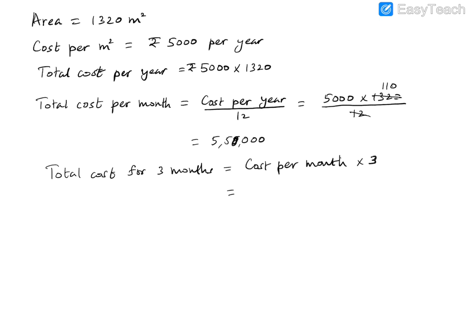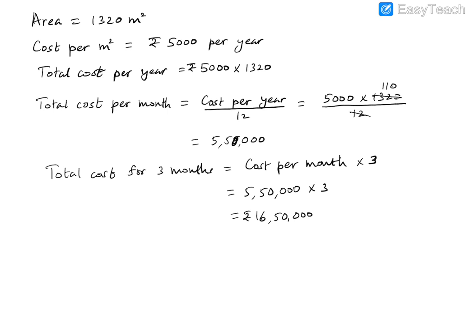Okay, so we have 5,50,000 per month into 3, so that will give us 16,50,000, right? So 16,50,000 rupees is the cost for 3 months for advertising on that wall.